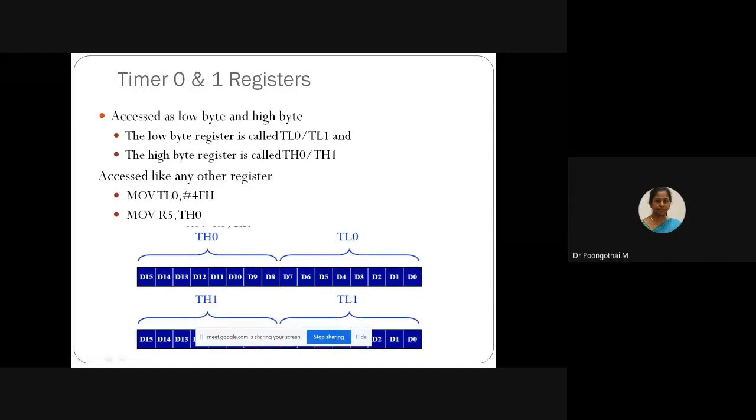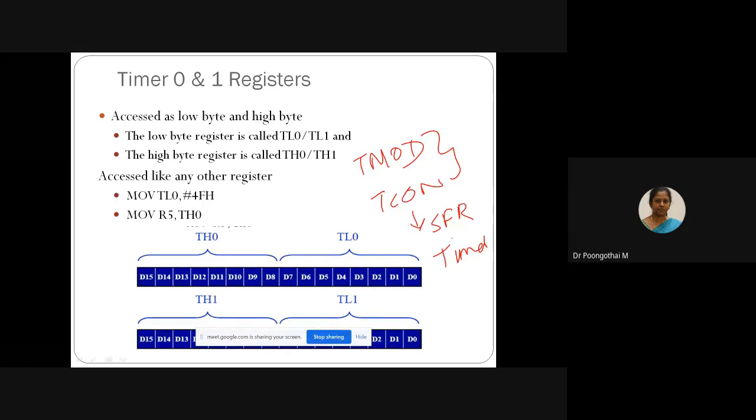So we must understand some special function registers. One is TMOD, the other one is TCON. These two are special function registers related to your timer operation. Next class I will explain the timer registers and also the special function register TMOD. Okay.